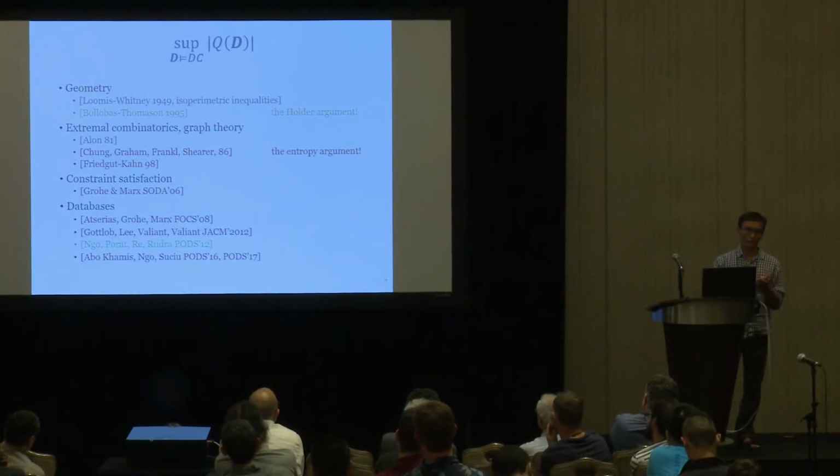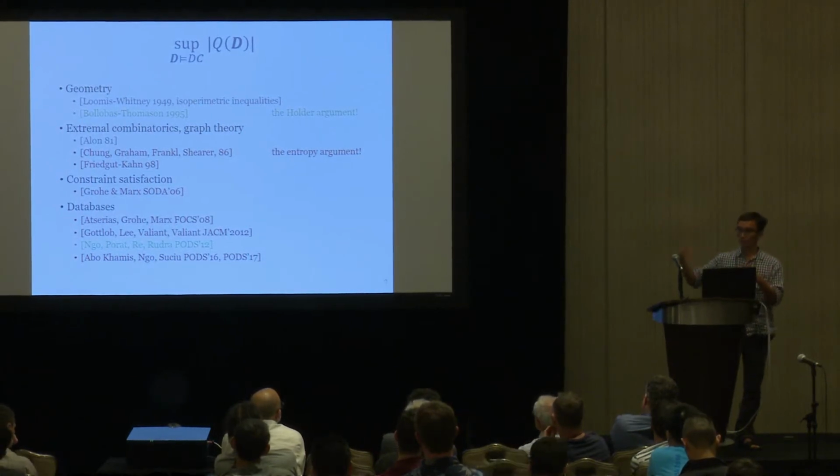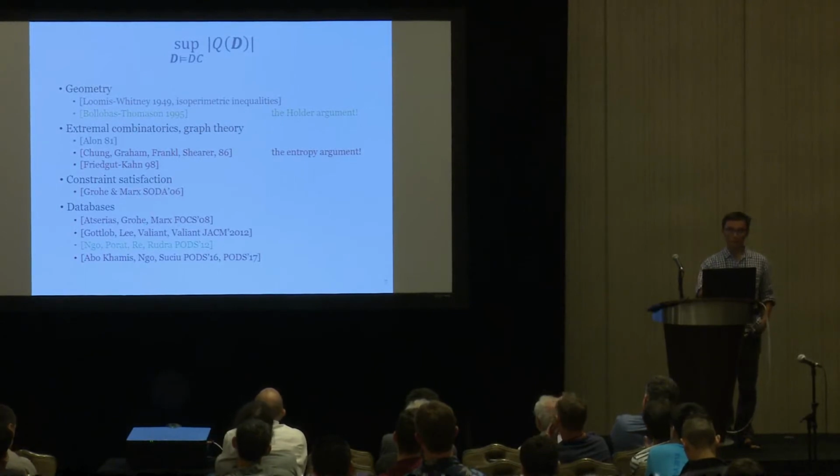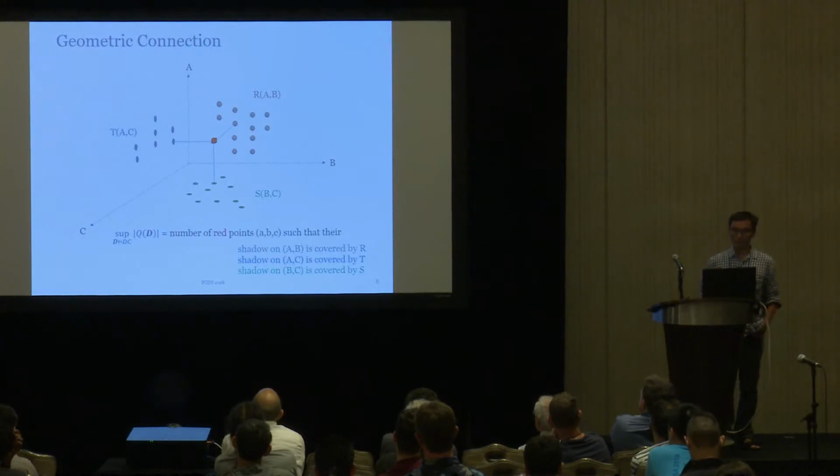So I have 4 things to tell you on how to use these 2 arguments to prove the bounds and then to design the corresponding algorithms. The connection to geometry, to isoperimetric inequalities, can be shown basically by this picture.